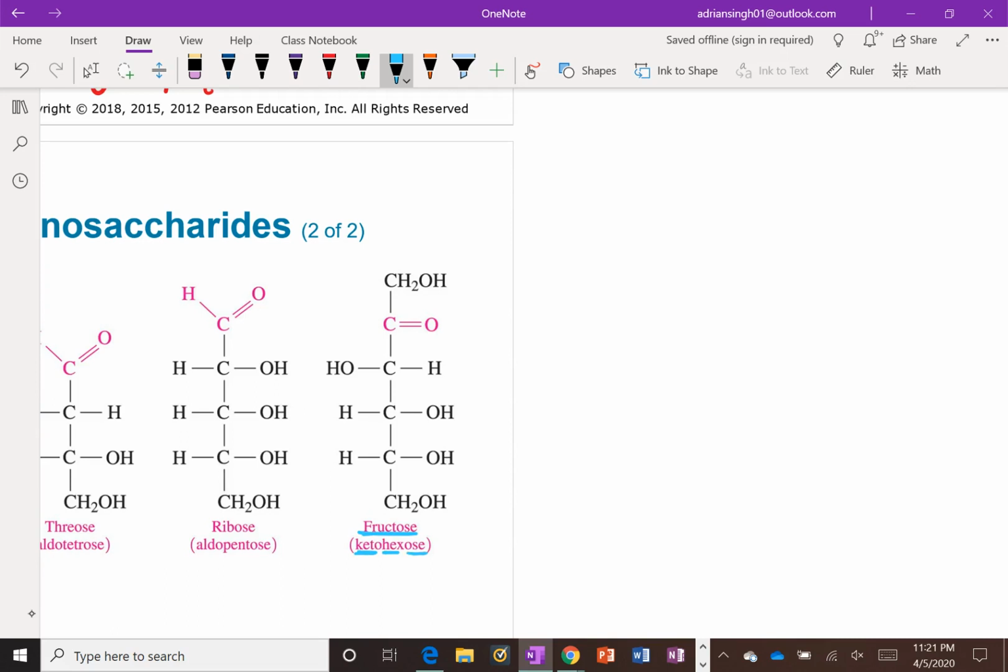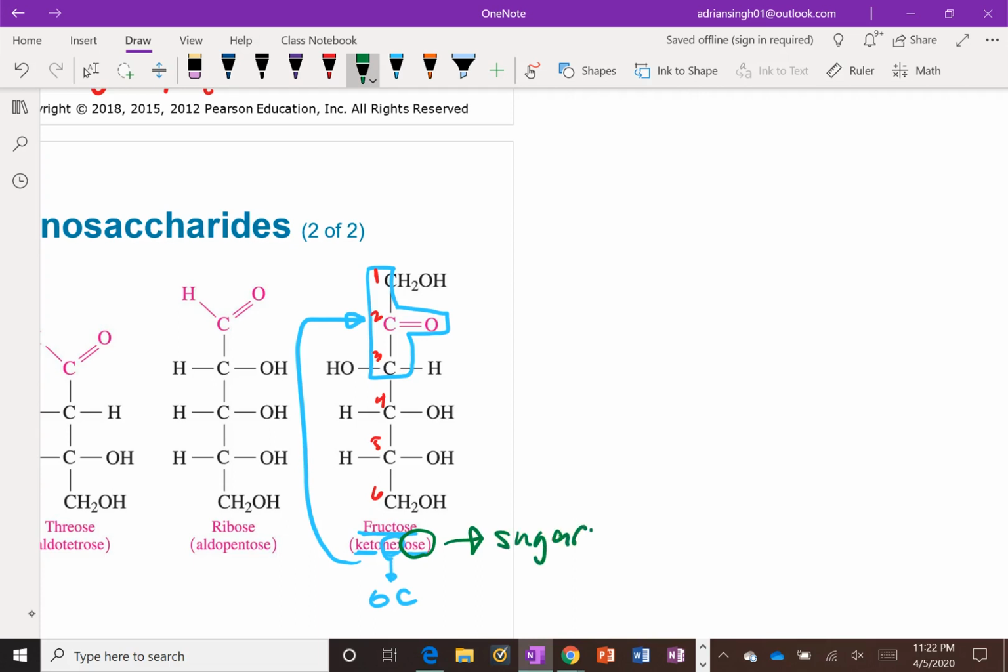Keto means there's a ketone functional group, which is right here, your carbonyl between 2 other carbons. Hexose means there are 6 carbons, and if we count from the top, there's 1, 2, 3, 4, 5, 6, and then the OSE ending tells us that this is a sugar.